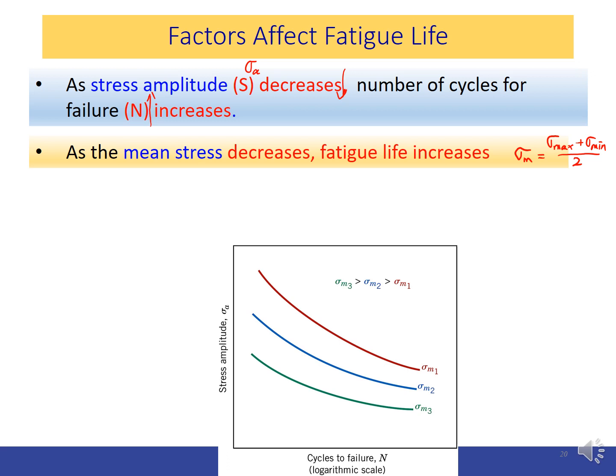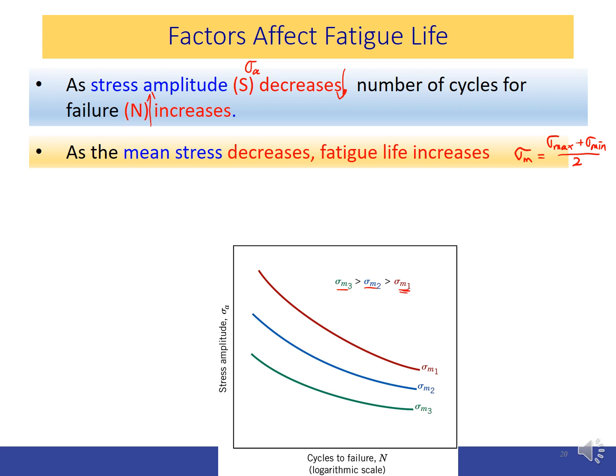And the mean stress will change the location of the SN curve, actually will lower down the SN curve as the mean stress increases. So, for example, we have 3 mean stress values. Sigma 3 is the biggest and sigma 1 is the smallest.